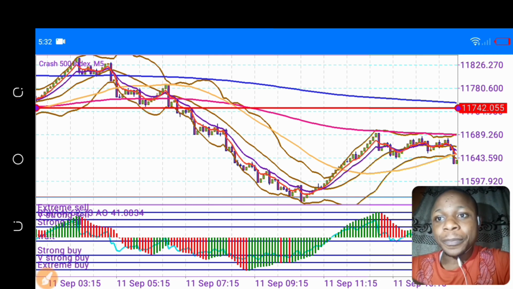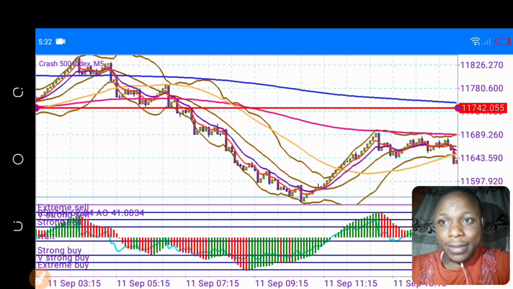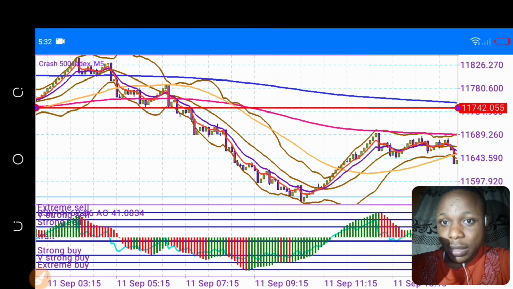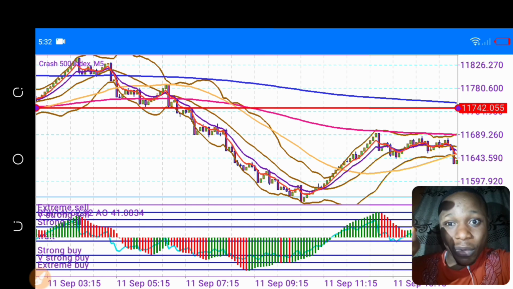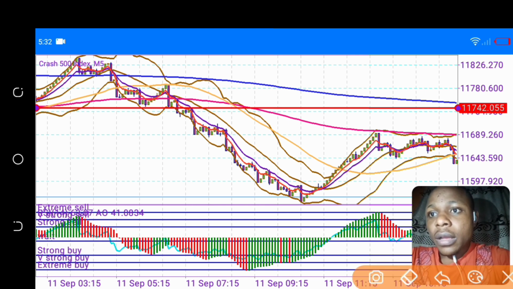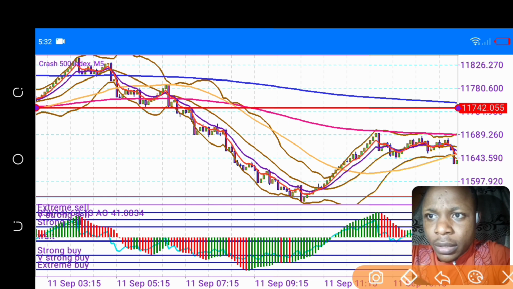Okay, now what are we saying? Support turning to resistance. I've promised you that I'm going to spend a lot of time on this, how to detect spikes, because if you know only this one, you can succeed trading Boom and Crash, but you need to know other things. So support becoming resistance.